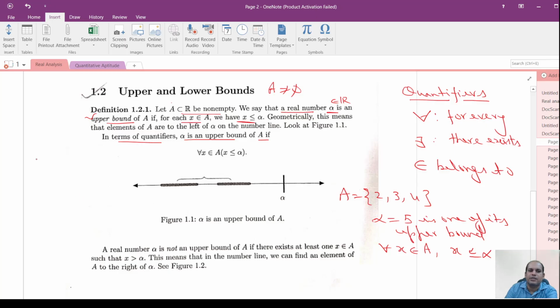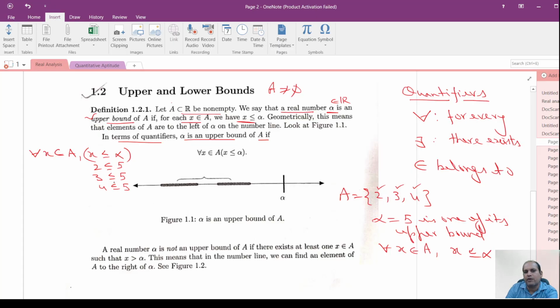In place of alpha we are claiming 5, and members of the set are 2, 3, 4. One can see that 2 is less than or equal to 5, 3 is less than or equal to 5, 4 is less than or equal to 5. So 5 is one of its upper bounds.